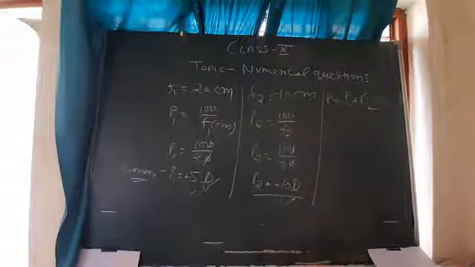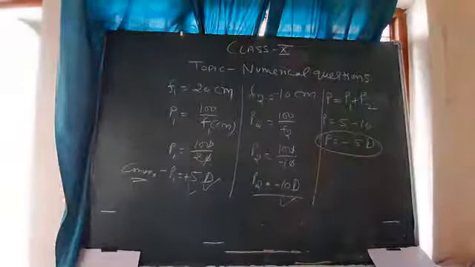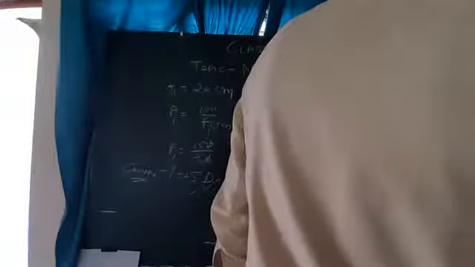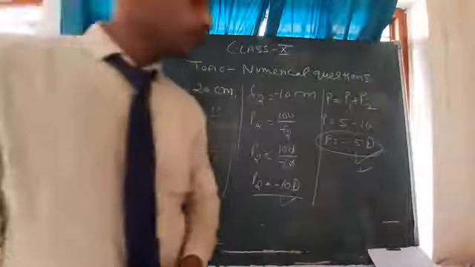So P equal to 5 and minus 10. It means P equal to minus 5D. This is the power of the combination. So I hope you understand this numerical. The power of combination is minus 5D.